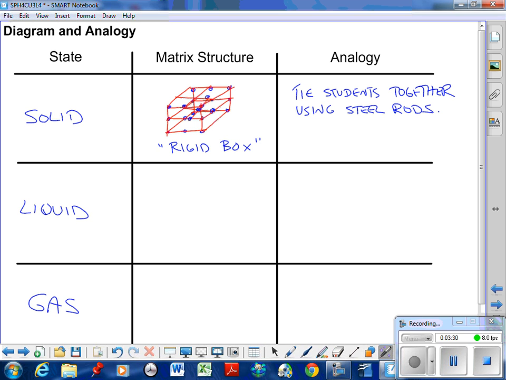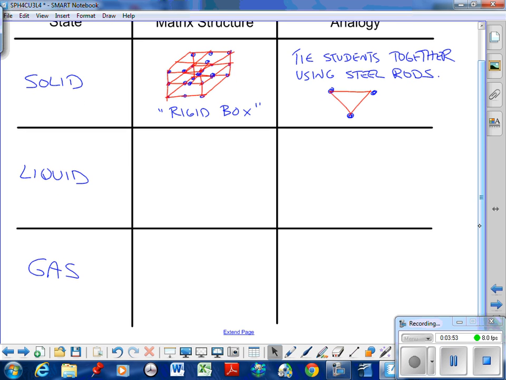You'd be locked together in the square or triangle or whatever form I gave you. If I had student A, student B, and student C, and I put these steel bars in like that, you would have to maintain that triangular shape because you are locked together. That's how a rigid solid works with those molecules that are close enough together that the push or pull is just that strong.